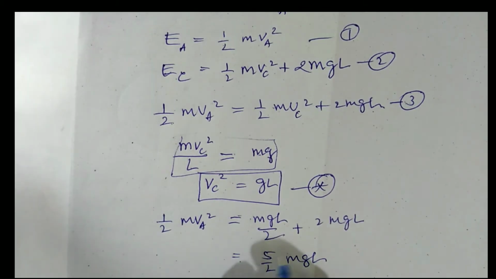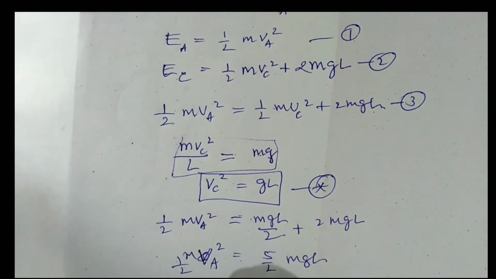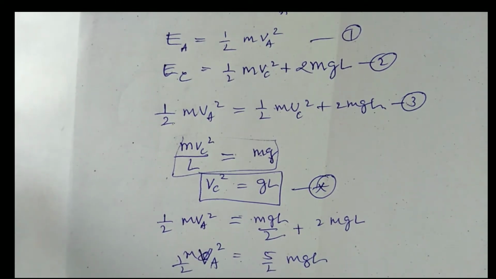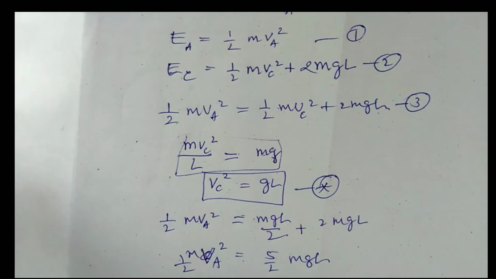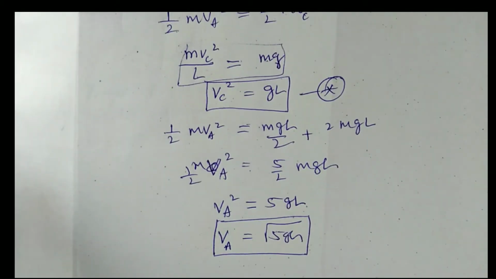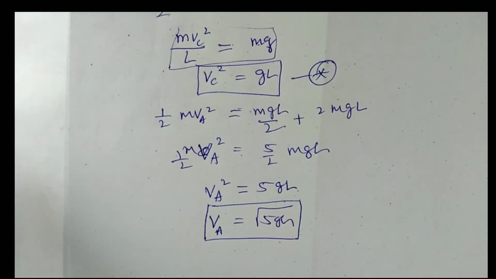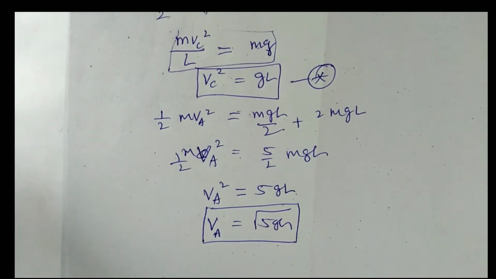The 2 cancels and m cancels, so v_A square equals 5gL, or v_A equals the square root of 5gL. This is the minimum velocity you are supposed to give to the body so that it completes one rotation.